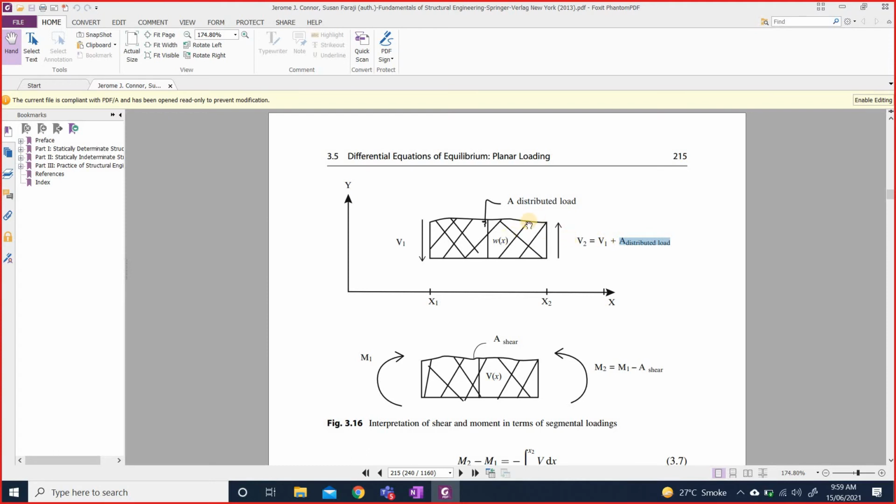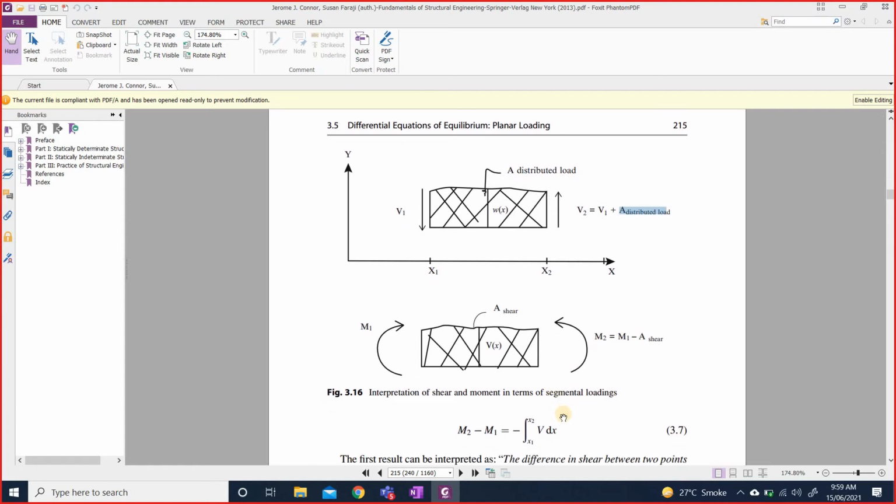Keep in mind that we are considering distributed load positive downward. So if this load is acting downward, the area of the distributed load will be a positive value because we are considering downward load positive. Similarly, the other equation says that the difference between m2 and m1 is equal to the negative of the area of the shear diagram between those 2 points.